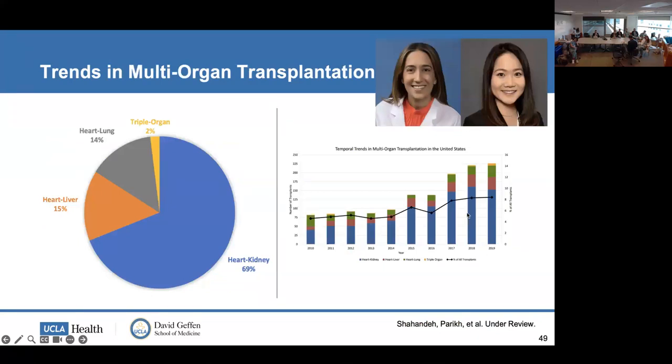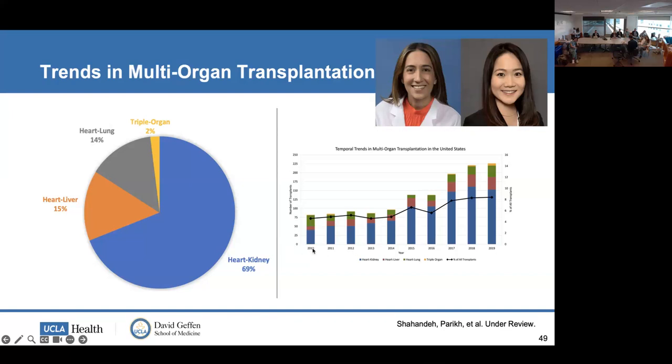And so this work was led by Nagin and Juka as well. Here you can see trends in multi-organ transplantation, and this is using the UNOS database again. There is a very small amount of triple organ transplantation, similar amounts of heart-lung and heart-liver, and then the vast majority are heart-kidney.